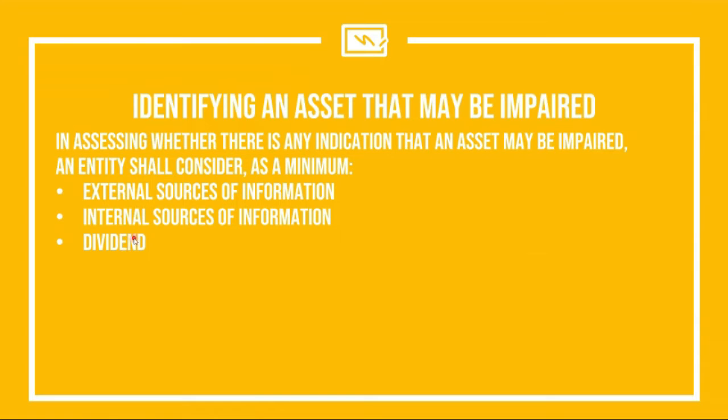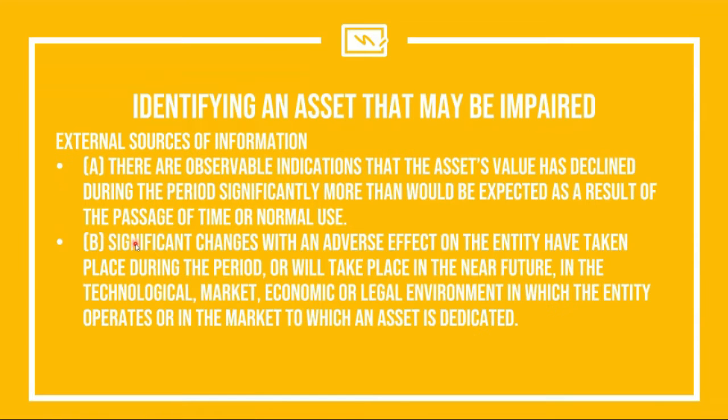Okay? So this is as a minimum, meaning other information that can give us an indication about the impairment of a particular asset can also be used. But at a minimum, these are the groups of information that we are going to use. So, under external sources of information, we have the following.